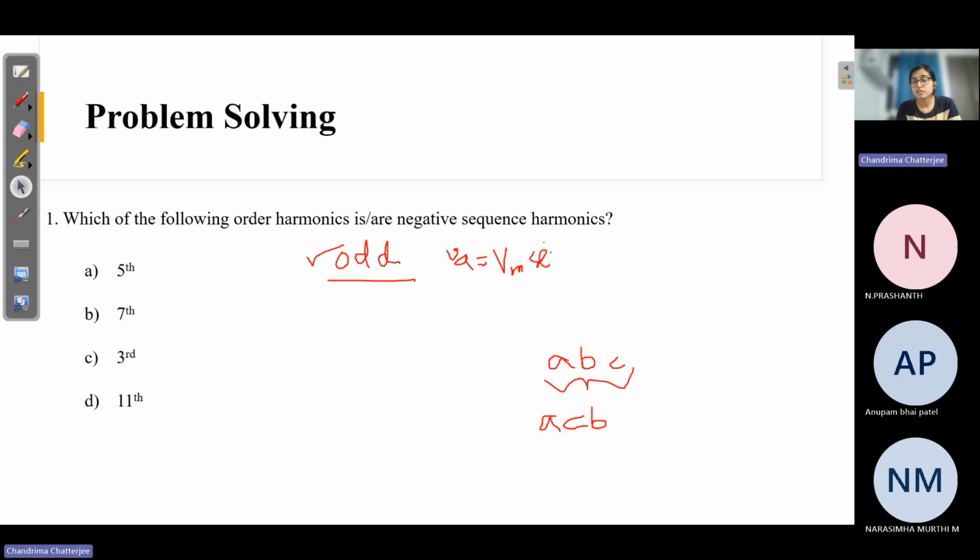If this is the A phase voltage, then VB, the peak value is the same, but it will lag the A phase voltage by 120 degrees. So this will be Vm sine omega t minus 120 degrees. Okay.